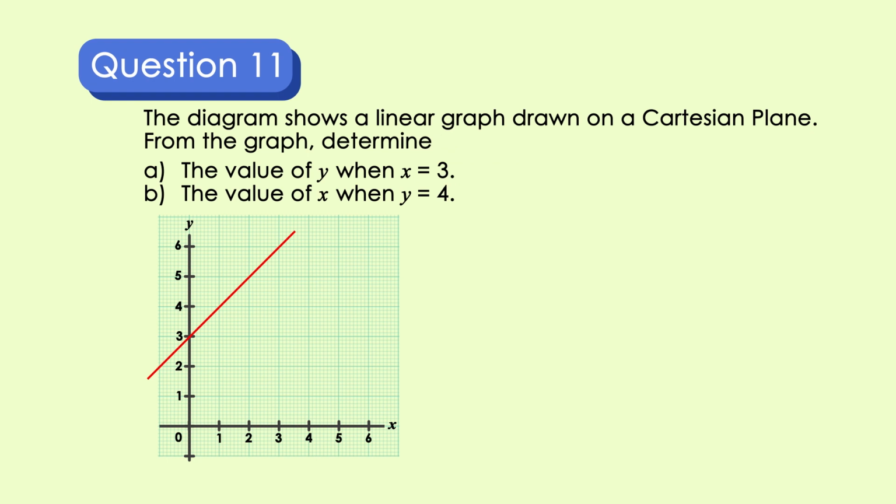Now, with everything you have learned before, try this question. Question 11. The diagram shows a linear graph drawn on a Cartesian plane. From the graph, find the value of y when x equals 3 and find the value of x when y equals 4.